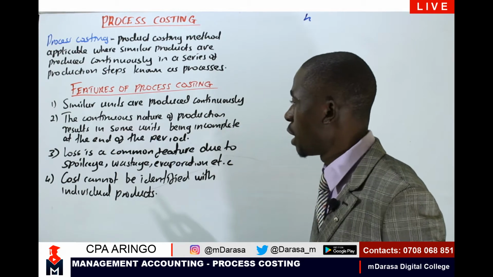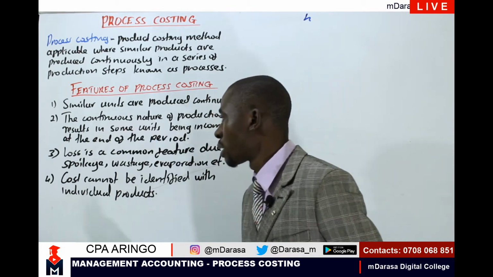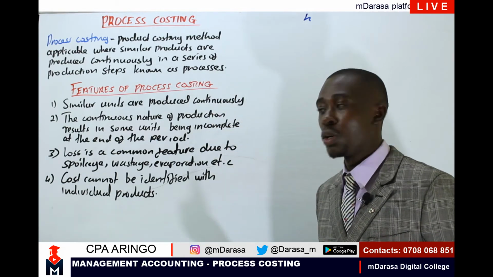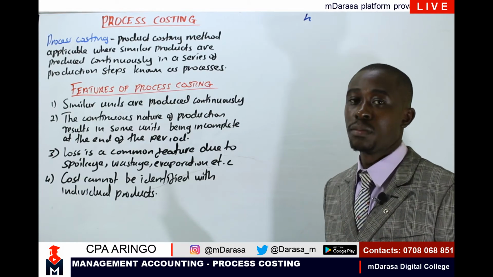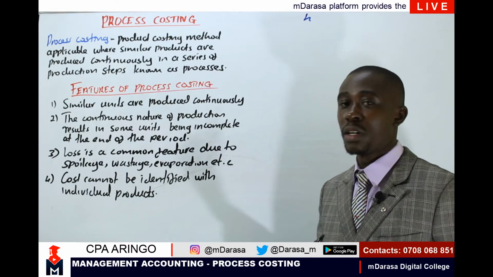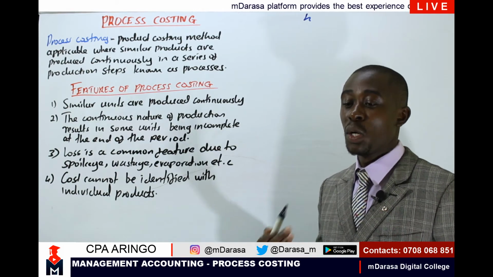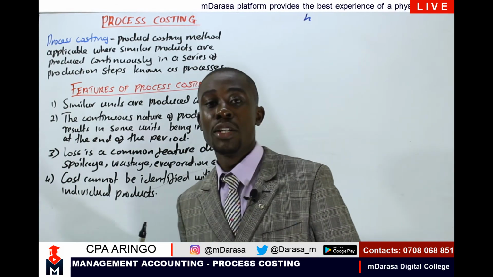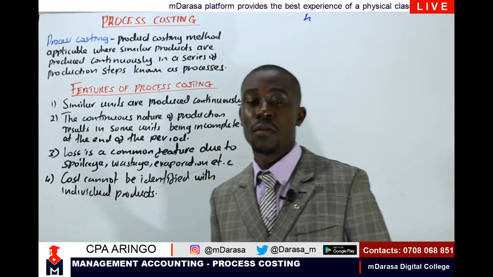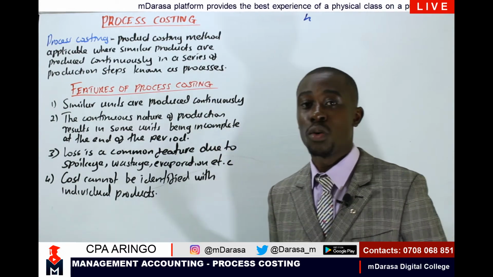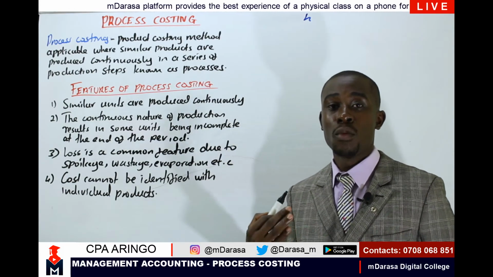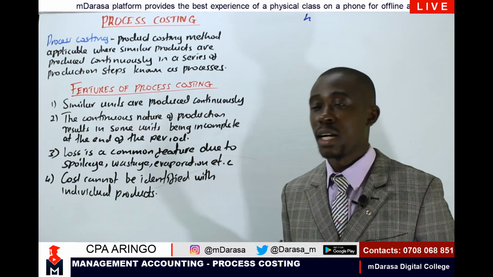Then feature number 3, we are saying that loss is a common feature due to spoilage, wastage, and also evaporation. So this is very common whenever it comes to process costing, because during this process, due to various aspects that will affect the nature of our operation, we can anticipate to incur certain losses.